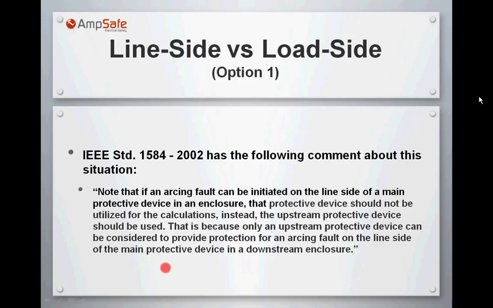This is what IEEE 1584 says about all these panels that have a main overcurrent protection device. Note that if an arcing fault can be initiated on the line side of a main, and you think that arc faults can be initiated on the line side of the main all the time, the main protective device in an enclosure should not be utilized for the calculations.